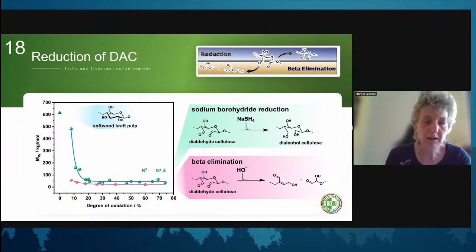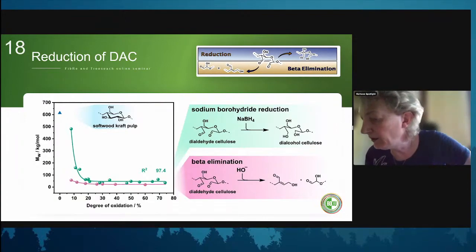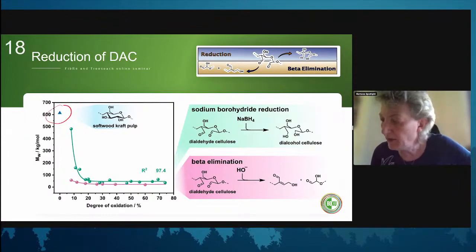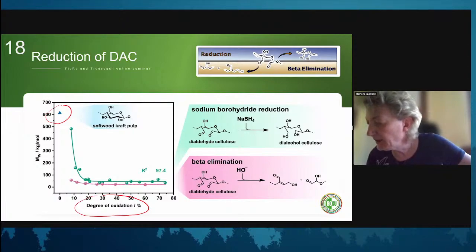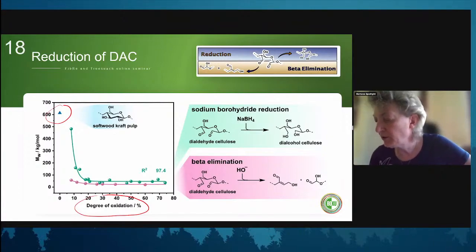If you look here at our softwood kraft pulp we used for the studies, we have an Mw of about 600,000 grams per mole. This is then oxidized to different degrees. And then we basically see that even if we do this reduction, our molar mass really drops down. It levels off.